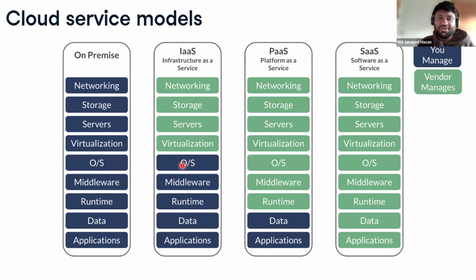It's up to you: Windows, Linux, macOS, whatever. What sort of data you want to use, how you store the data, it's up to you. What sort of application you want to use, it's up to you, right? So you have more control. But in PaaS, you have the control on data and application, whereas middleware and runtime, you have no idea. Whatever they give you, you have to use it and configure it.